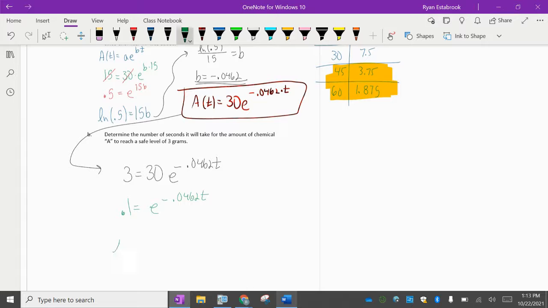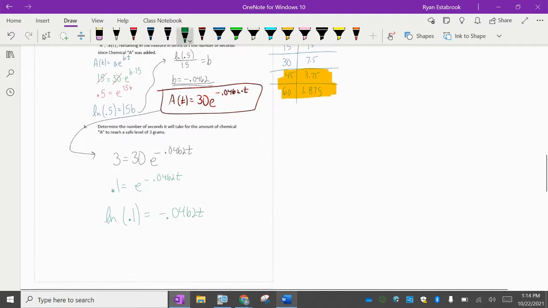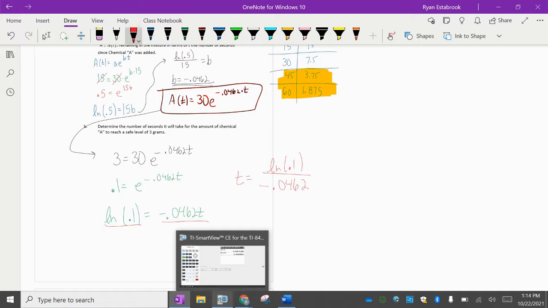So it's log base e, ln of 0.1 equals negative 0.0462 t. And one more step before I touch my calculator. How about divide both sides by that? So t equals the ln of 0.1 divided by negative 0.0462.